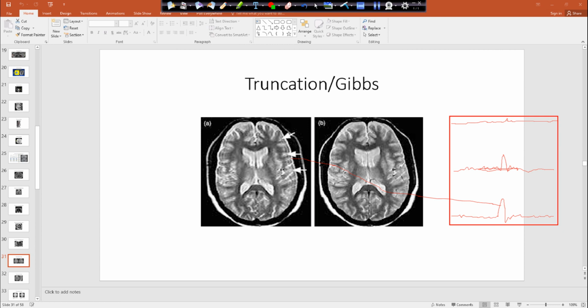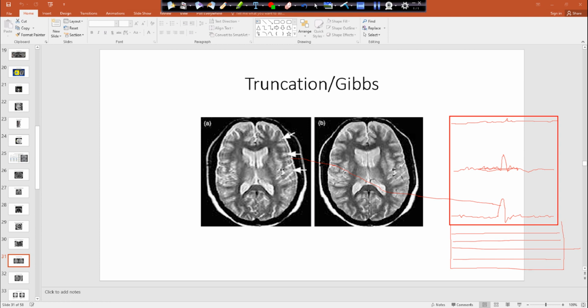Okay? So to compensate for this, we just add more phase encoding steps so that this high peak is still once again in the center. So the remedy for this is to increase your phase encoding steps.